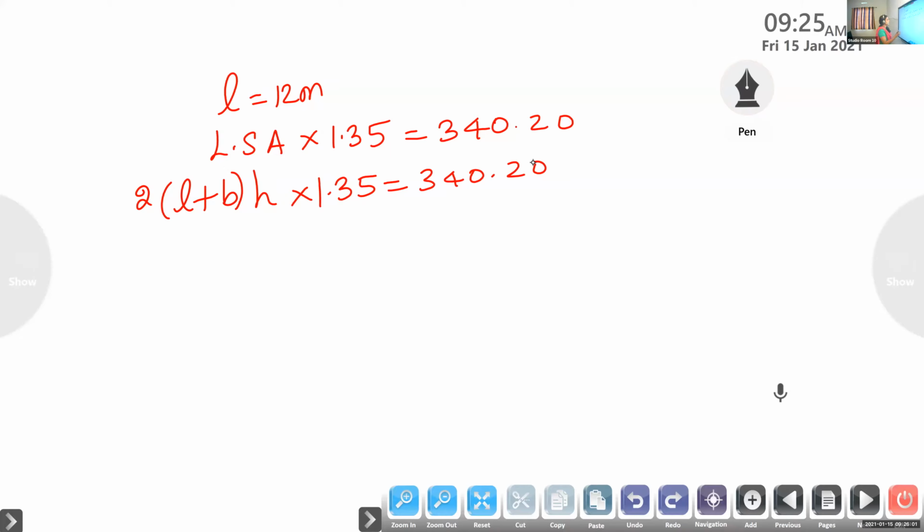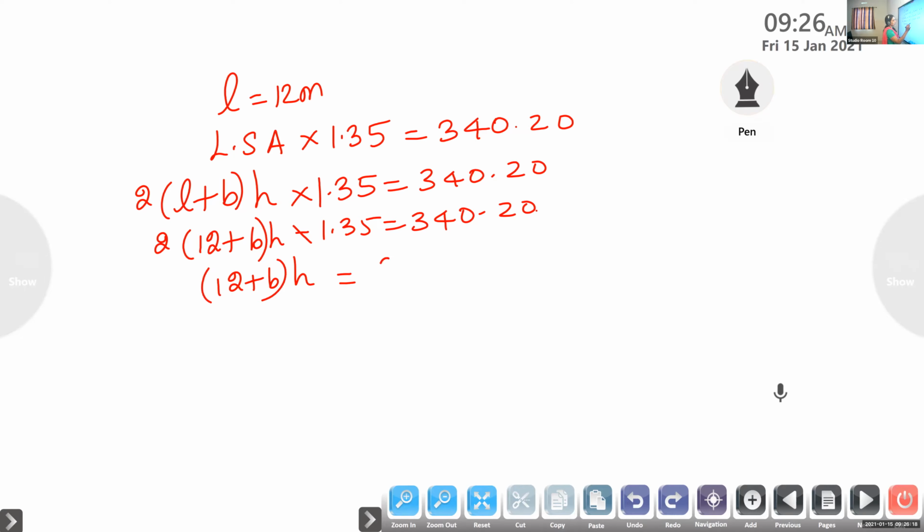Now length is given as 12. So 2 into (12 plus breadth) into height into 1.35 is 340.20. So (12 plus breadth) into height is equal to 340.20 divided by 2 into 1.35. Simplify it, what will you get?